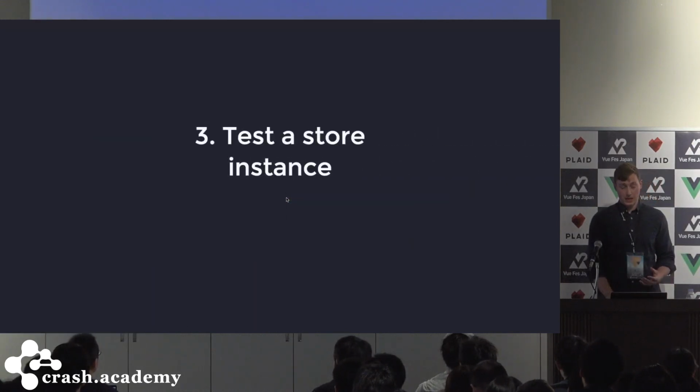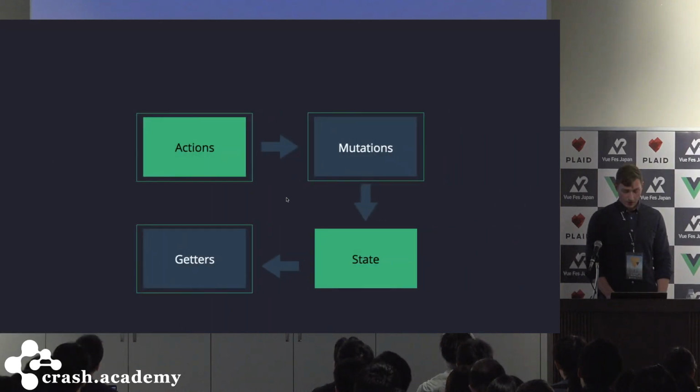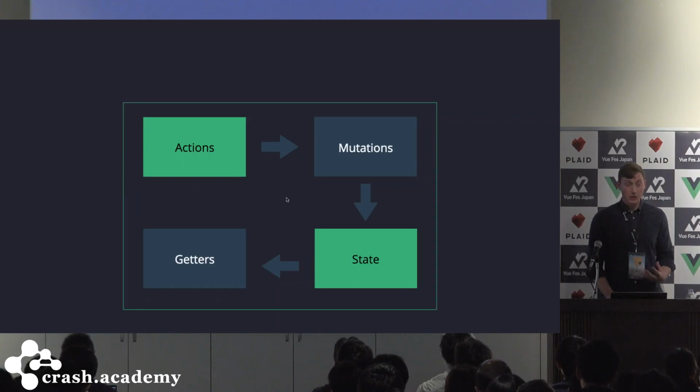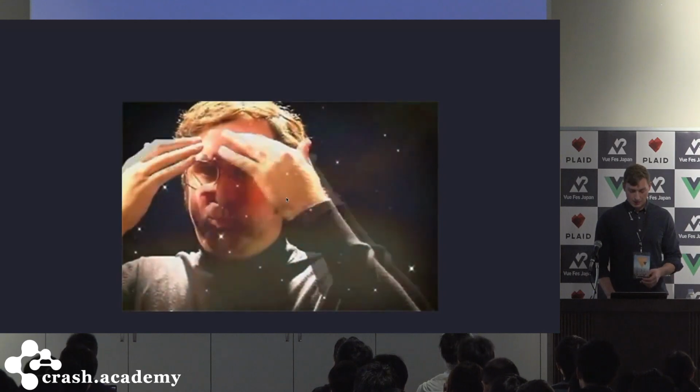So the third approach is to test a store instance. So we just wrote tests for each of the parts separately, but when you're running an app, you combine all these parts together into a running store instance. So why don't we just test that?